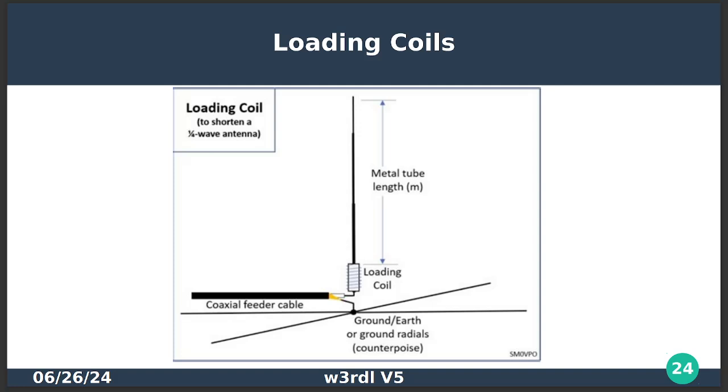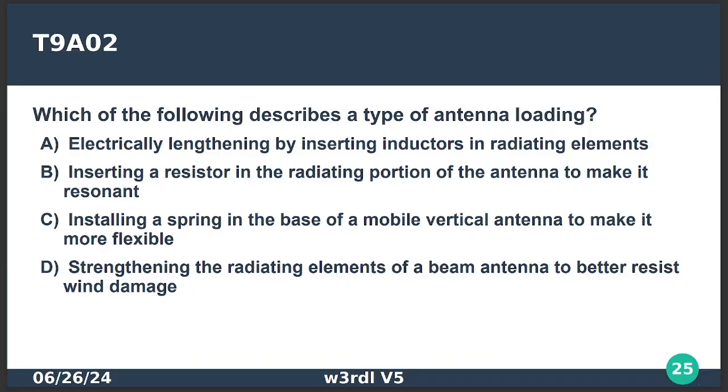It's a popular antenna. It's just a little on the expensive side. When it says you use a loading coil to shorten, you're making the physical antenna shorter, but you're making it appear longer to the radio and to the feed line. Which of the following describes a type of antenna loading?